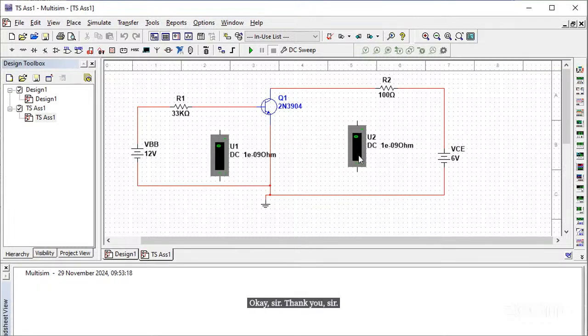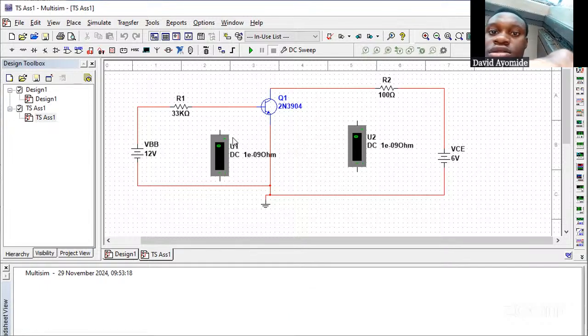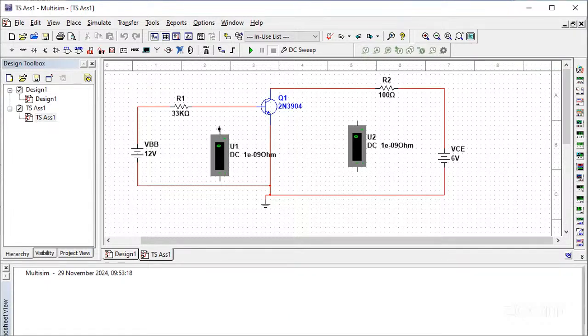Yes. Now, listen. To find your current here, don't connect the second one.